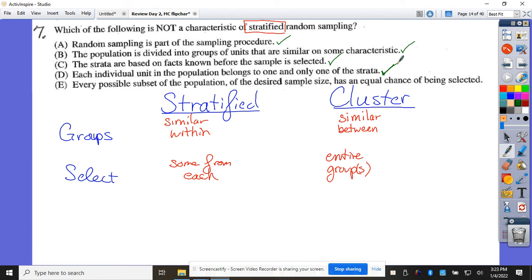And then E, if E was not a trigger to you, write this down somewhere. Most of you, I'm hoping, as soon as you see E, know exactly what that is talking about, which is what? That is the absolute definition of simple random sample.